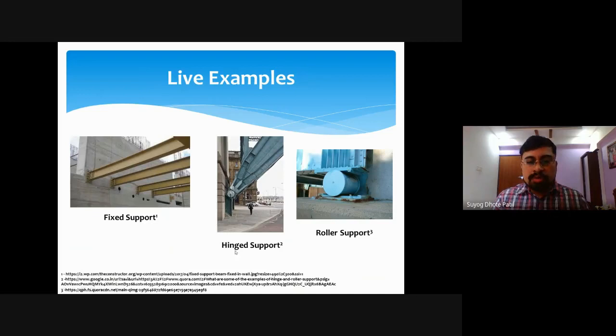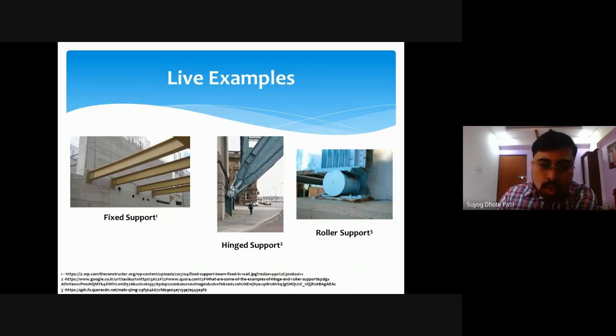Now, these are live examples of fixed support, hinge support, and roller support. Basically, in practice, this kind of picture shows the fixed support. This is the hinge support. Say this is the floor, and this is the wall.